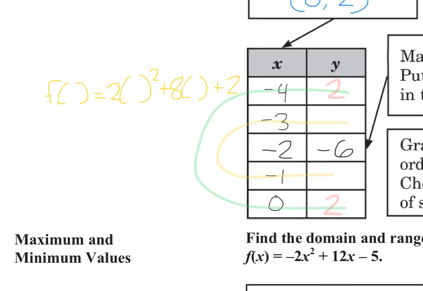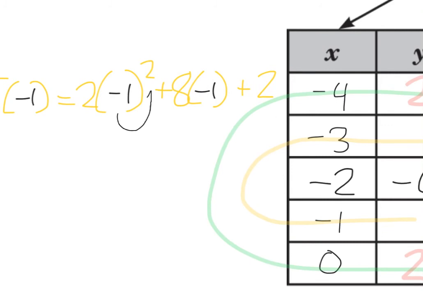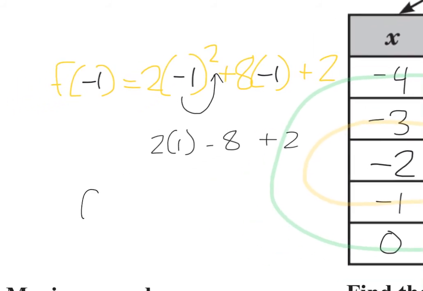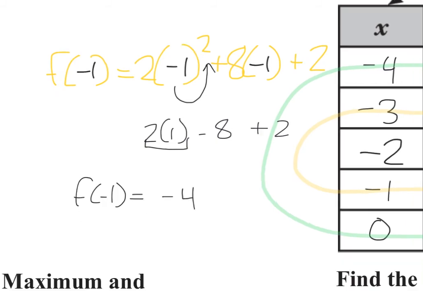I'm going to choose the -1 because it's smaller. And now we'll go through and evaluate. Negative 1 squared is 1. 8 times a negative 1 is a negative 8, plus a 2. And then here, this is a 2. So 2 minus 8 is negative 6. Negative 6 plus 2 is negative 4.